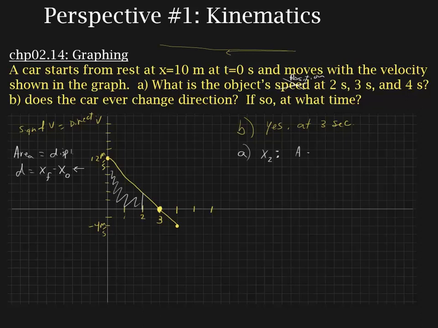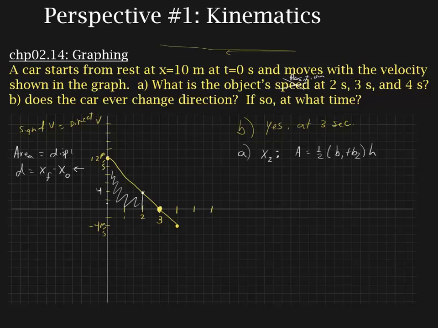The area of a trapezoid is equal to 1/2 times base 1 plus base 2 times the height. Base 1 is going to be right here, it's going to be 4, because this is where base 1 is at.